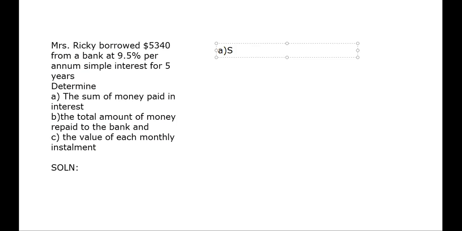So we are working out our SI, which is equal to PRT over 100, which is equal to our principal, as they told us, she borrowed 5340.